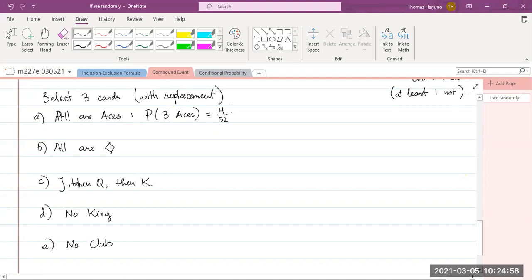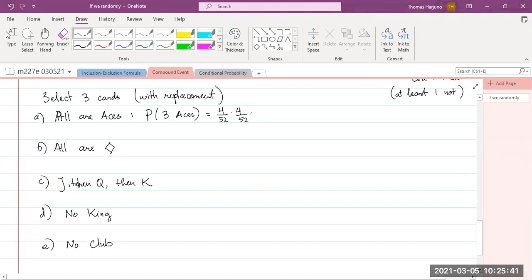Now, because you put that ace back, how many aces do you have left in your second draw? After you pull an ace the first time, you put it back to the deck. So for the second draw, you still have 4 aces out of 52 cards.